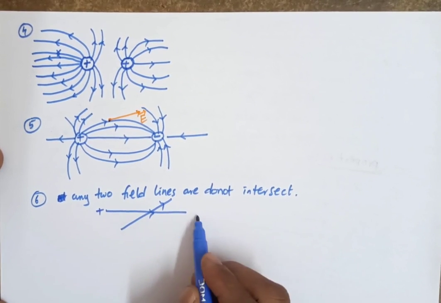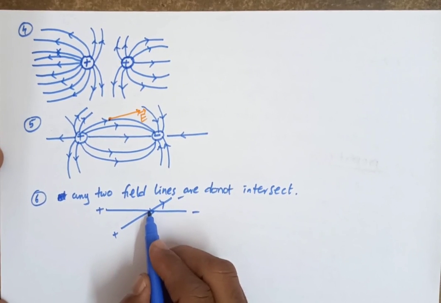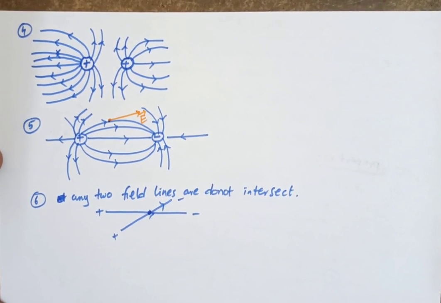At the intersection point, what happens?